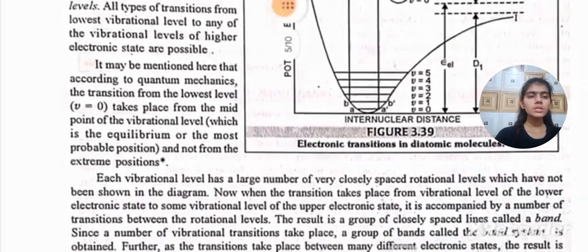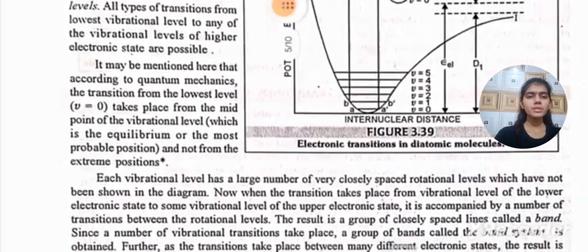Now, when the transition takes place from the vibrational level of the lower electronic state to some vibrational energy level of the upper electronic state, it is accompanied by a number of transitions between the rotational levels. The result is a group of closely spaced lines called a band.